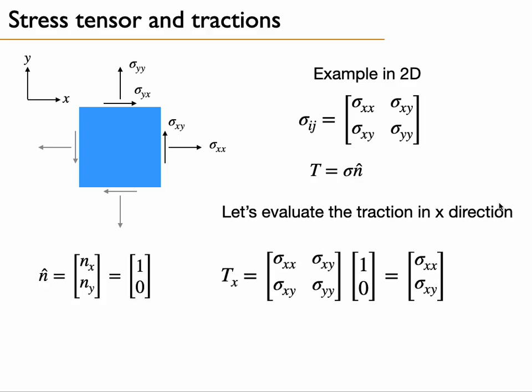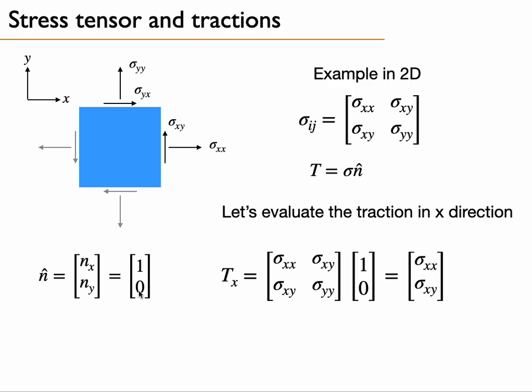So let's evaluate the traction in the x direction. So we formulate n has 2 components, x and y. And in the x direction, the normal n has components 1 and 0. It is aligned with the x-axis, and it is a unit normal.